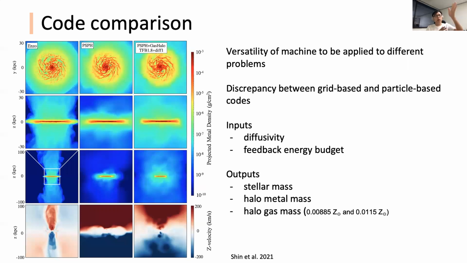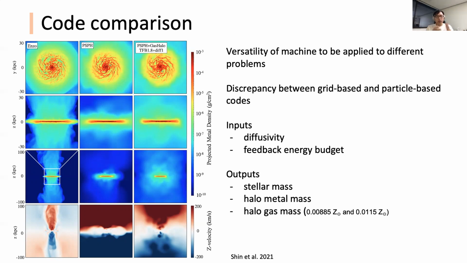2021 to illustrate this. If you look at the leftmost column, it's the metal distribution from a grid-based code. The middle column is the metal distribution from a particle-based code. What we see is that there's a difference in how the metal is being distributed, especially in the second, third, and fourth row.